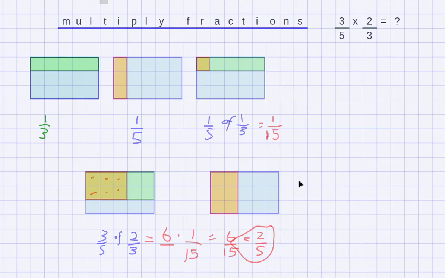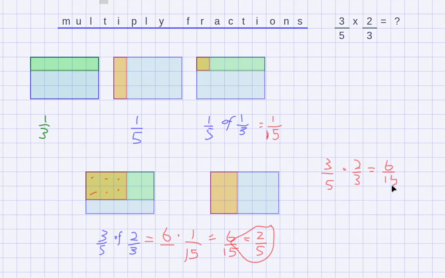Okay. Is there a faster way to do it? Sure, there's a faster way to do it. We can just go, okay, 3 over 5 times 2 over 3 equals, we multiply the top and the bottom. So 3 2s are 6, 5 3s are 15ths.